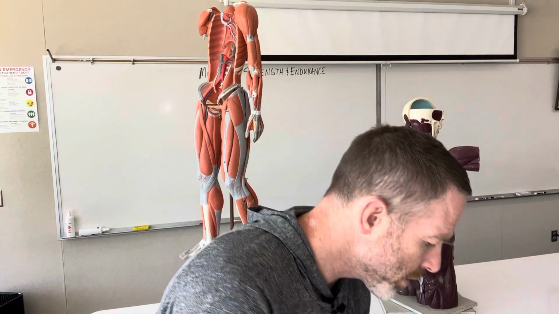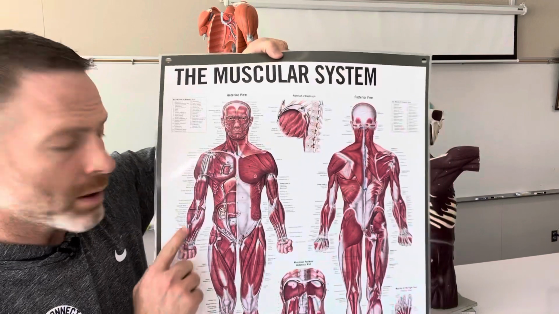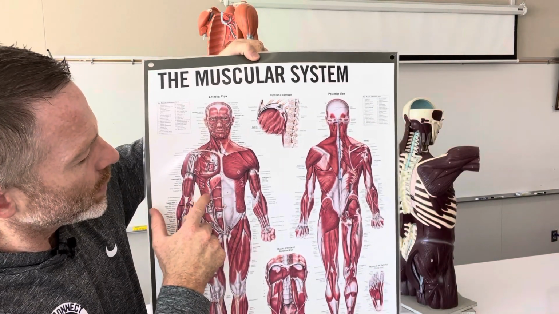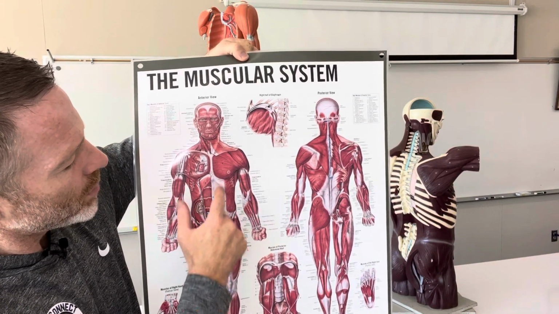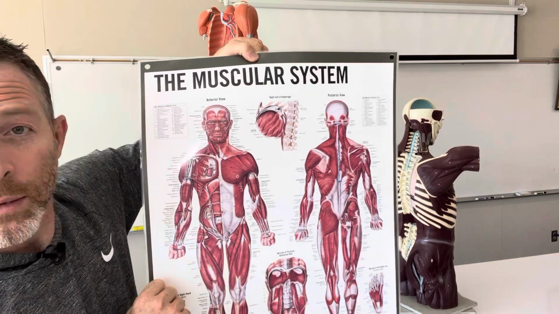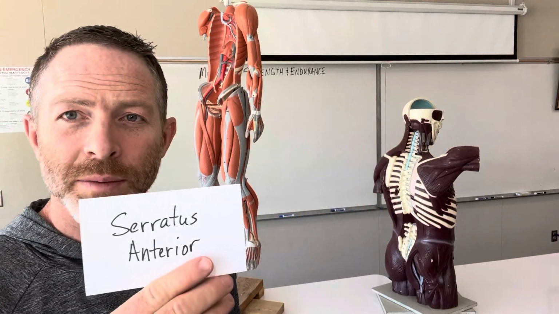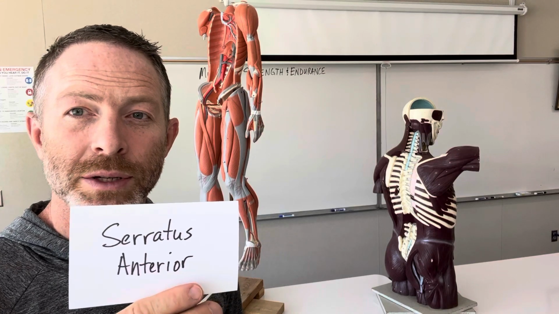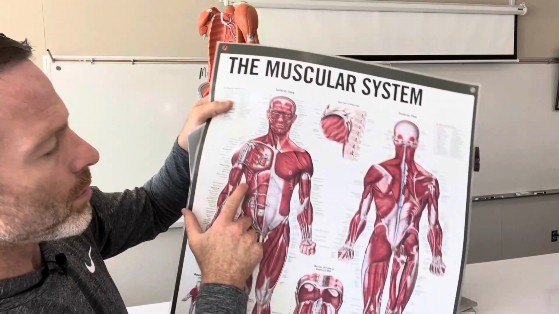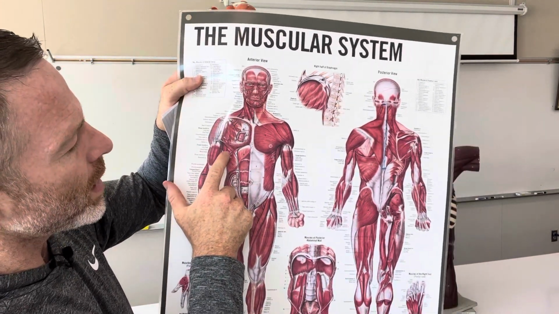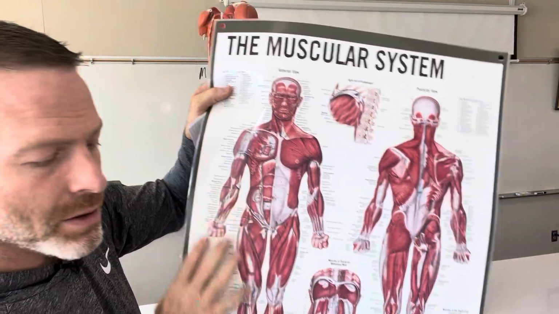Those are going to be these muscles right here, your obliques. Next muscle that we'll need our poster for again is the serratus anterior, up by your rib cage. You're going to see these muscles right up in here. That's your serratus anterior.